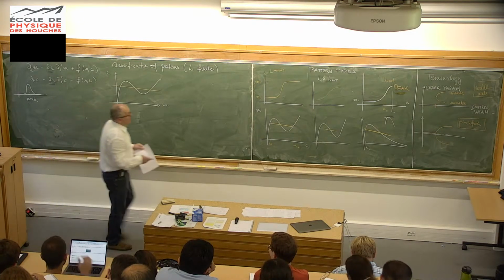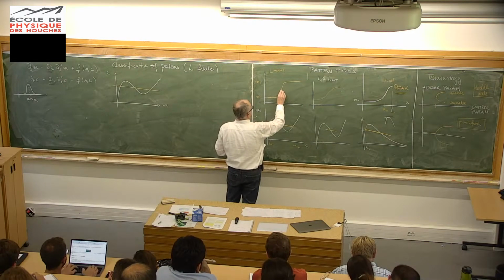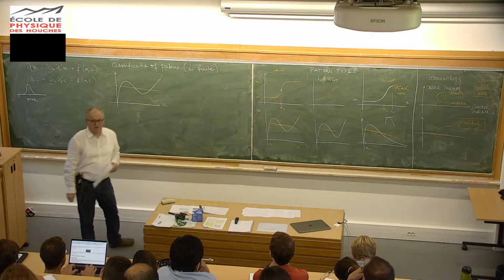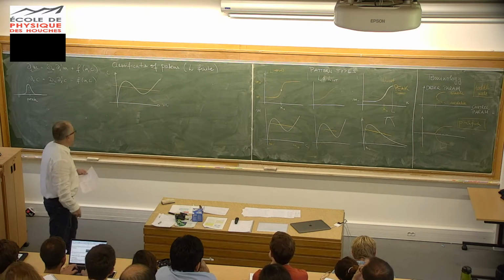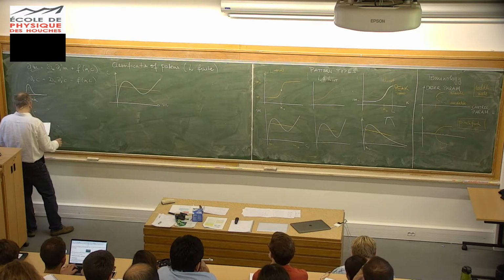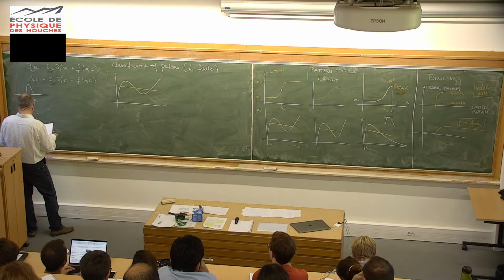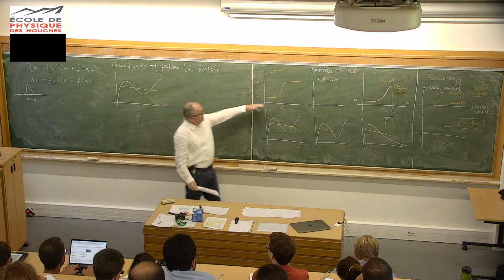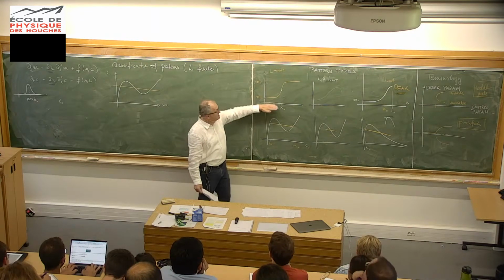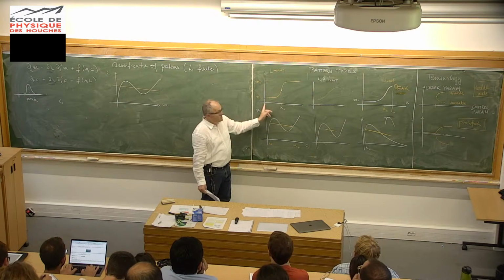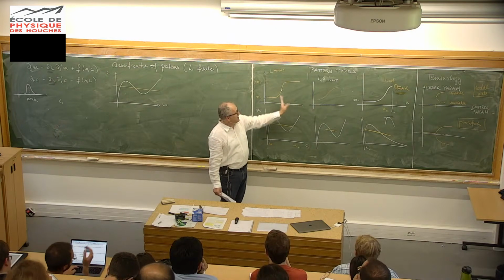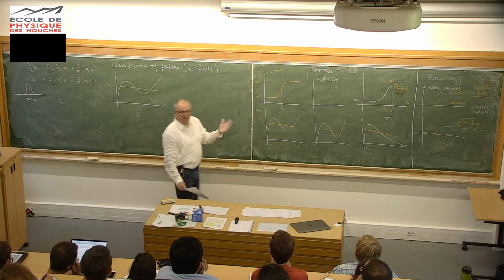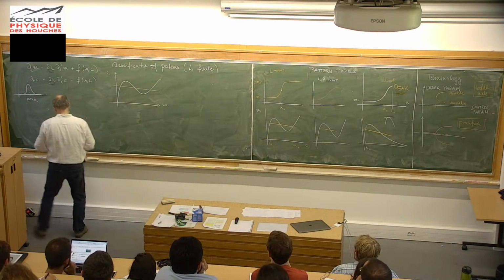So coming back to this point here, actually, I forgot this here. If you want to know the position of this interface, you can make an estimate for this position. And the estimate is very simple. You just take the value of the mass here, so n minus, and multiply by x naught, and add to it the mass in this region, which is n plus times L minus x naught, and from that determine x naught.